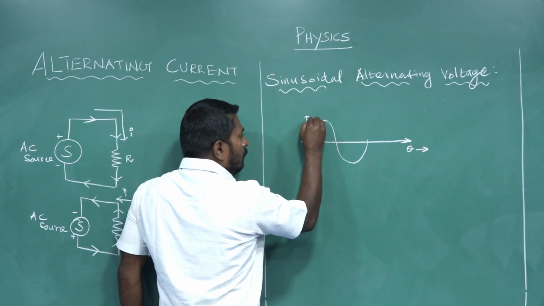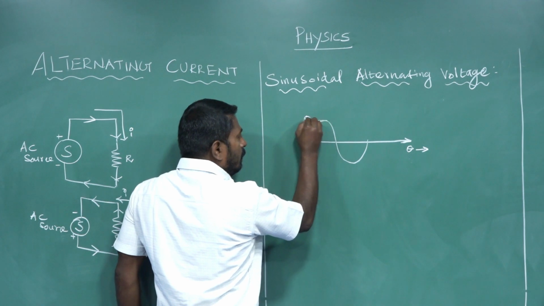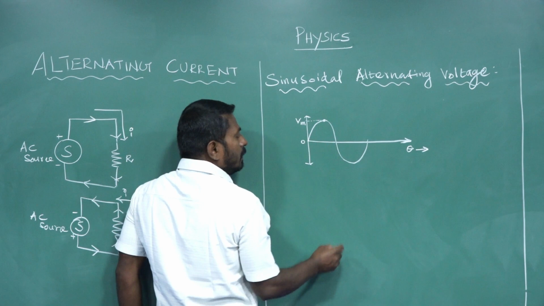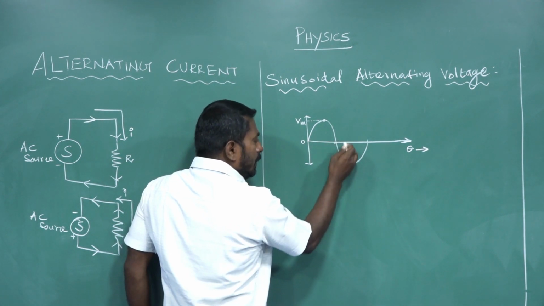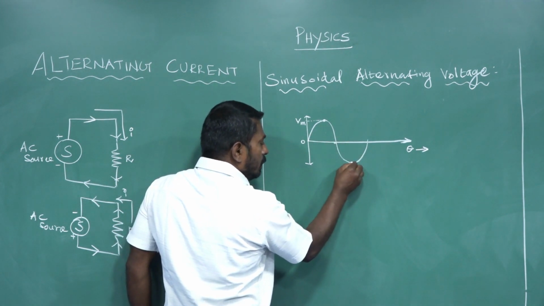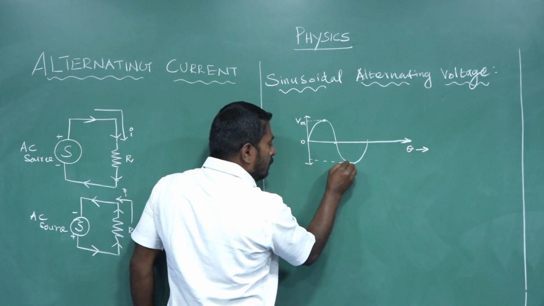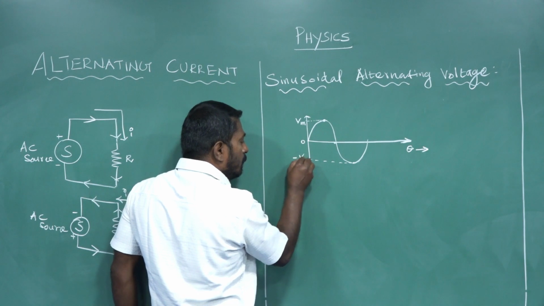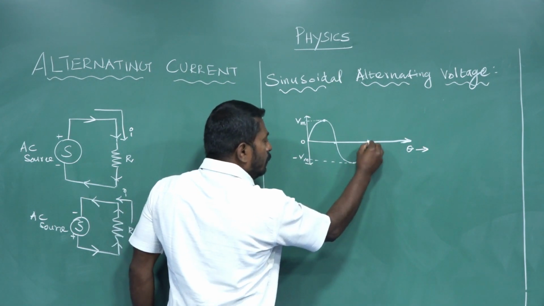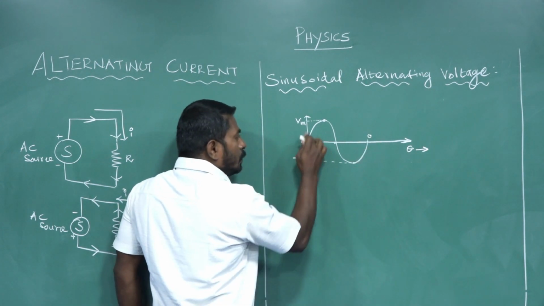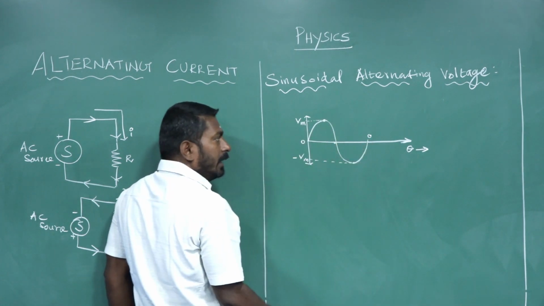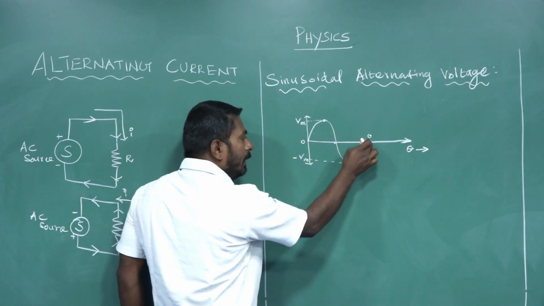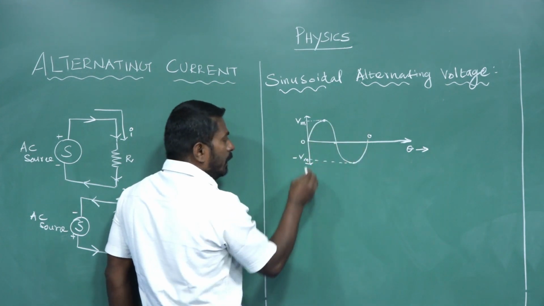It starts at 0, reaches the maximum value Vm at that instant, again 0, then goes to the negative direction, reaches the maximum value in the negative direction, minus Vm, and again reaches 0. This is one complete cycle of alternating voltage, which can be expressed with the help of a sine wave.